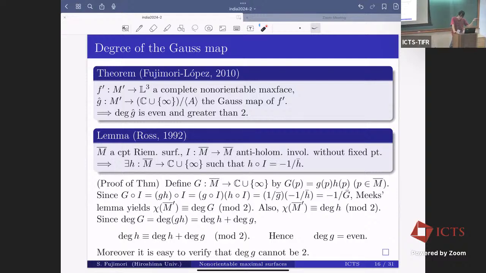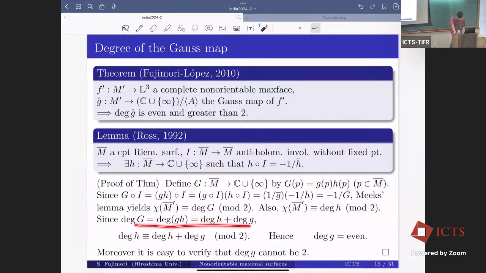So then Meeks' lemma, as I introduced before, says that the Euler characteristic of M prime bar is congruent to the degree of G mod 2. Also, h has this property. So also the Euler characteristic of M prime bar is congruent to the degree of h mod 2.